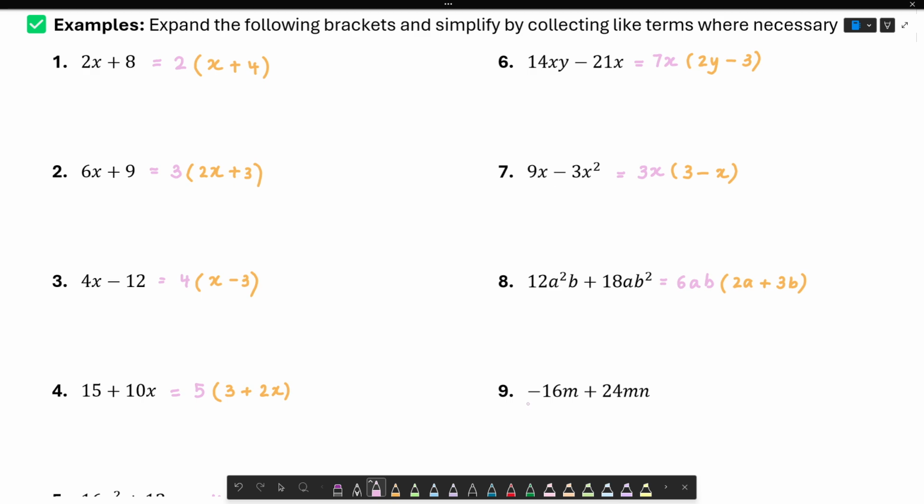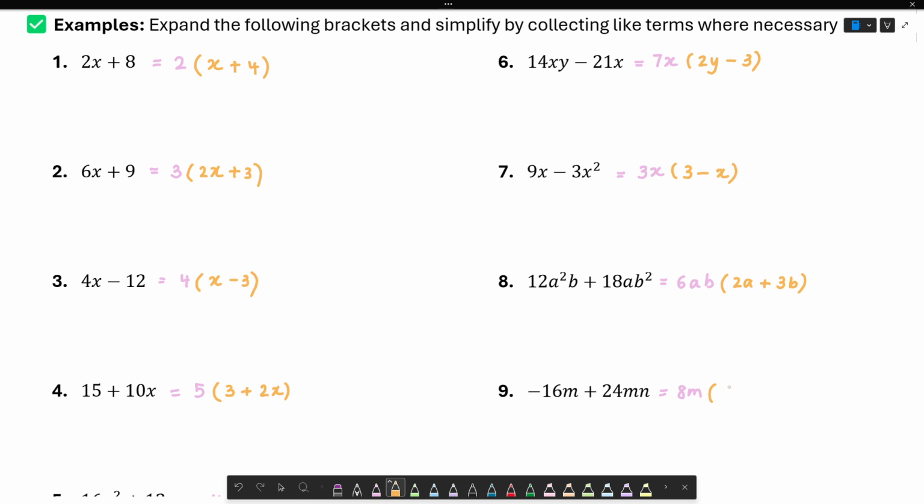Okay. For my next question, where do I see both numbers in the times tables? I'm going to see them in my 8 times tables. Looking for the pronumerals as well, I see that there is an m in both of them, so I will put the m down. And now I'll divide both terms by this 8m.